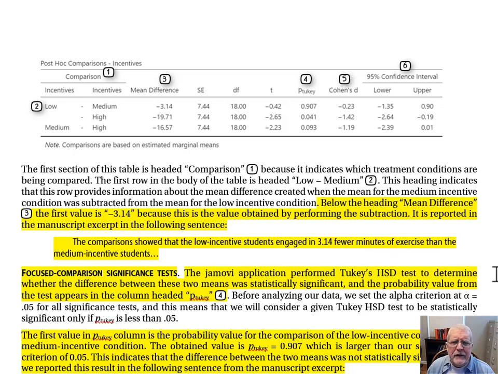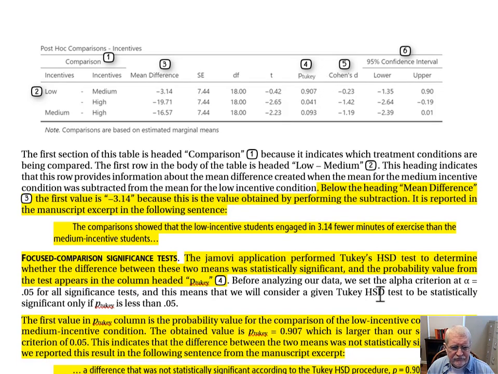So, focused comparison significance test. The Jamovi application performed Tukey's HSD test to determine whether the difference between these two means was statistically significant. The probability value from the test appears in the column headed P Tukey, and that's my call out number 4. Yep, this is the column headed P Tukey.